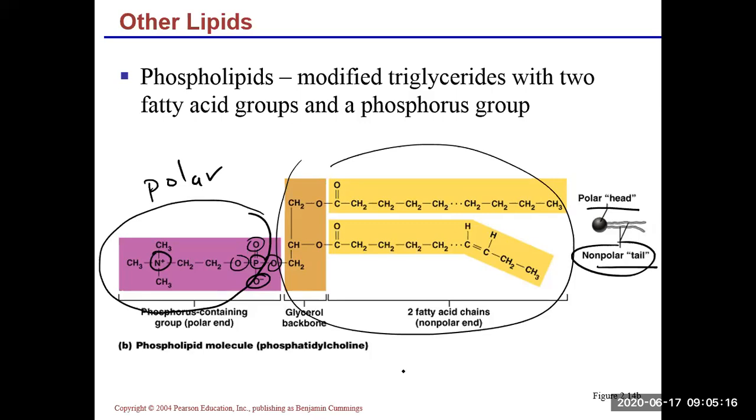So it turns out that the head is the polar end, and it's called hydrophilic, and the tail part is known as hydrophobic. They don't like the water.